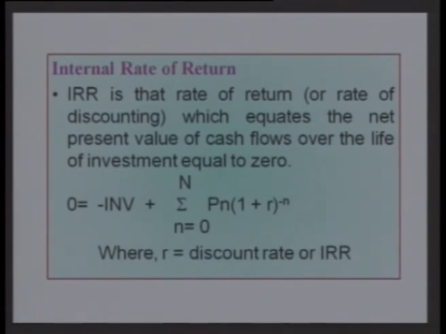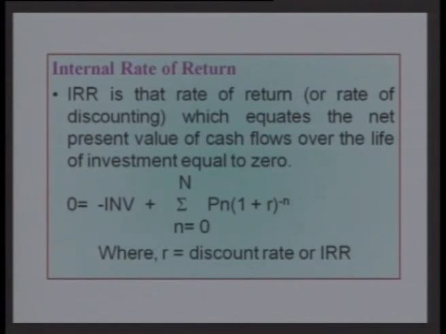Similarly, for the computation of the internal rate of return, we take the same net present worth formula, which is equal to 0. If the rate of return or the discount rate is varied, the rate of return which makes the NPV equal to 0 becomes the internal rate of return of the firm.